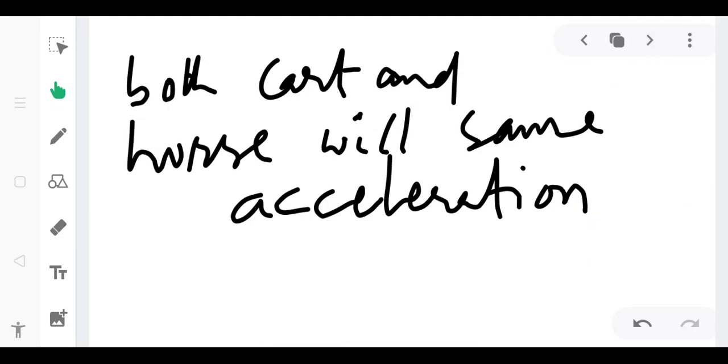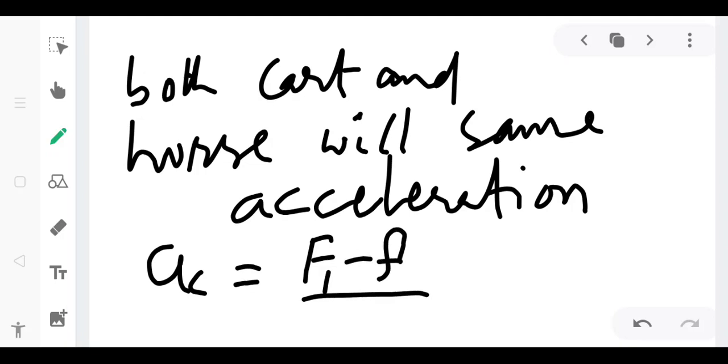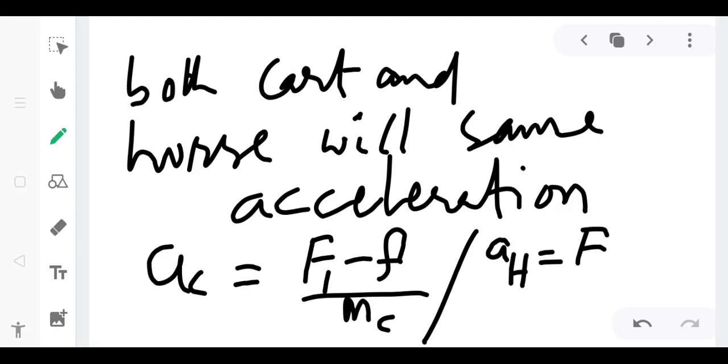So the acceleration of the cart equals F1 minus F divided by the mass of the cart, and the acceleration of the horse is F2 minus F dash, F2 minus F divided by the mass of the horse.